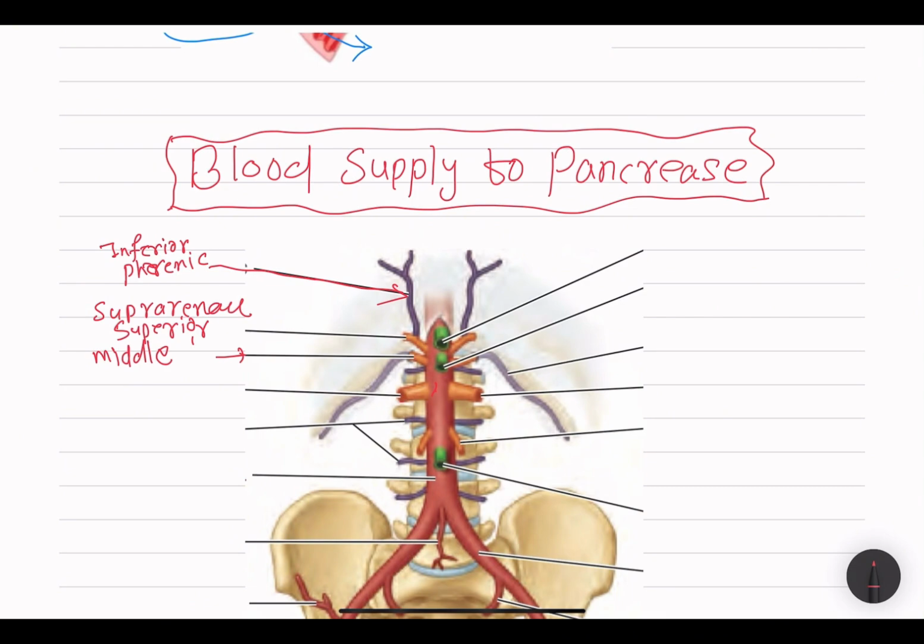And then the main one will be the renal, the right renal artery. And that side will be the left renal artery.